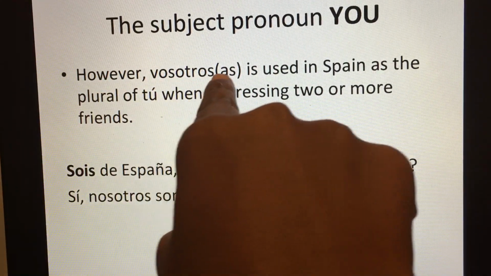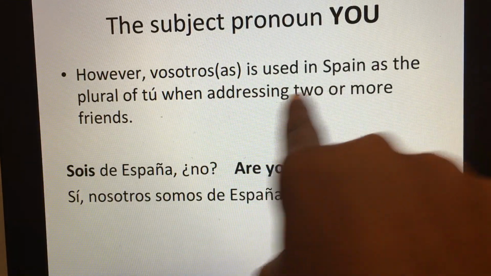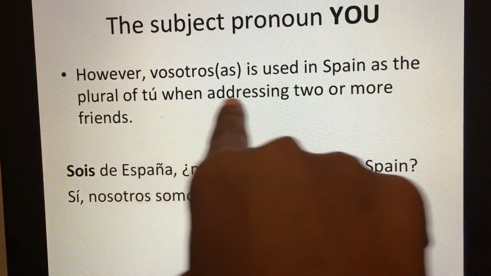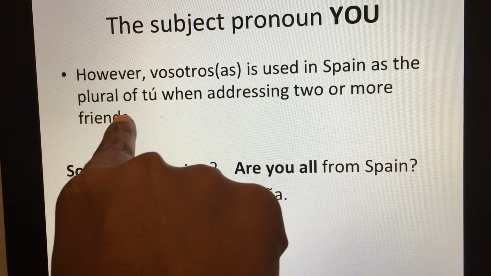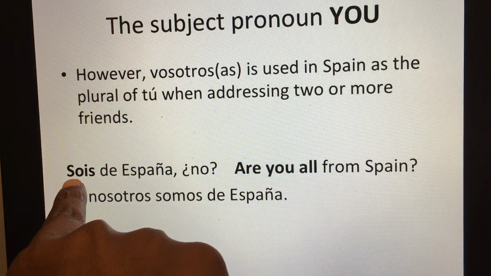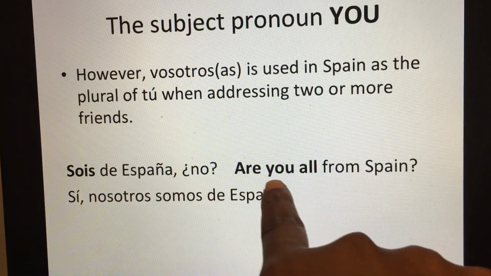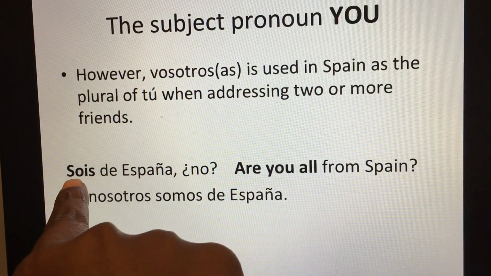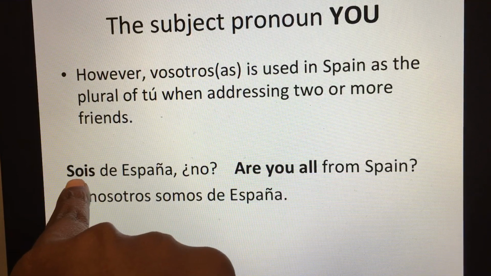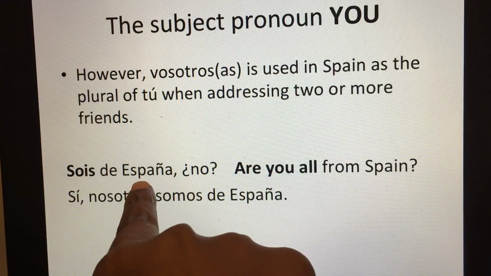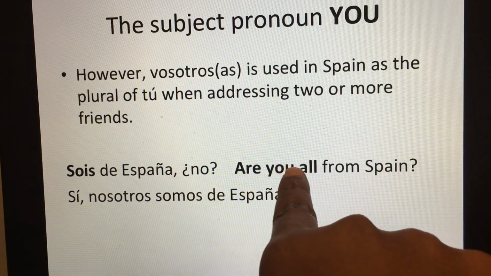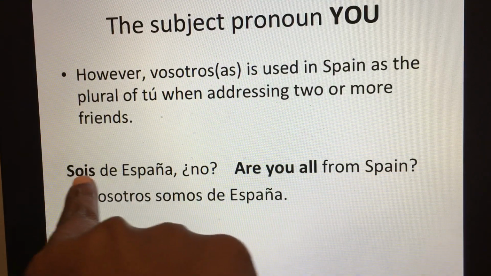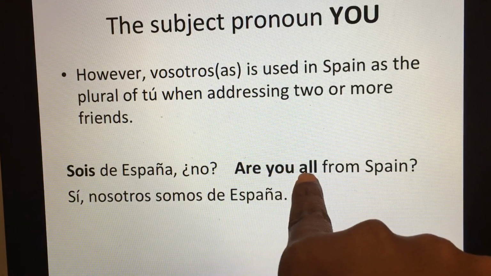However, vosotros, vosotras is used in Spain as a plural of tú when addressing two or more friends. Again, this is a form that you would use if you were visiting Spain. But nevertheless, here we are with the examples. ¿Sois de España, no? Are you all from Spain? So sois translates to are you all.